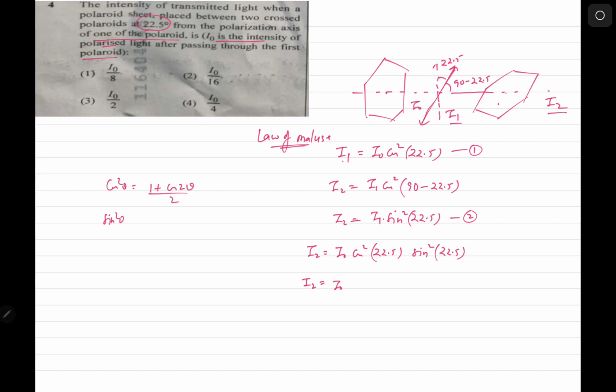Sine square theta is 1 minus cos 2 theta by 2. I'm going to use these formulas. Theta is 22.5, so 2 theta will be 45. So 1 plus cos 45 by 2, 1 minus cos 45 by 2. So I2 is equal to I naught into root 2 plus 1 by 2 root 2 times root 2 minus 1 by 2 root 2. So the numerator becomes 1 and the denominator becomes 8. So it is I naught by 8.